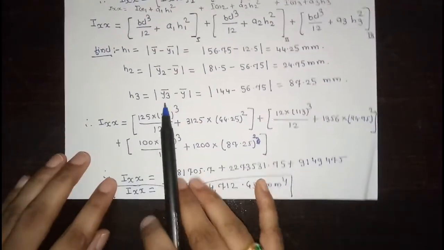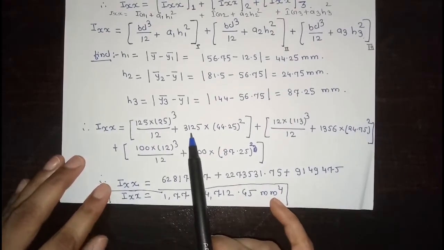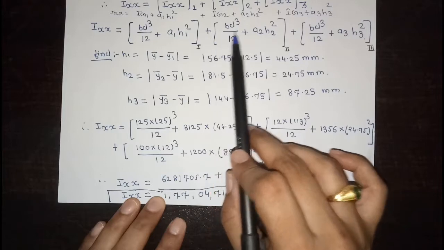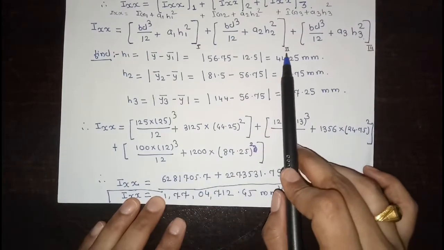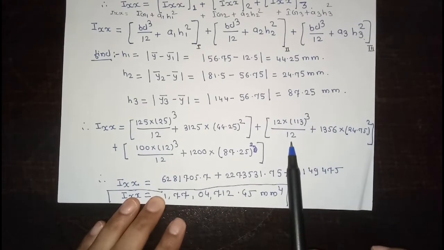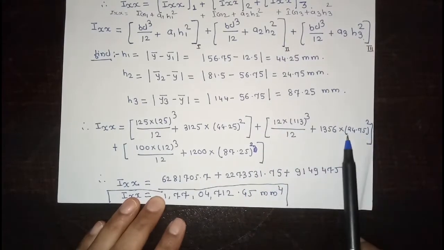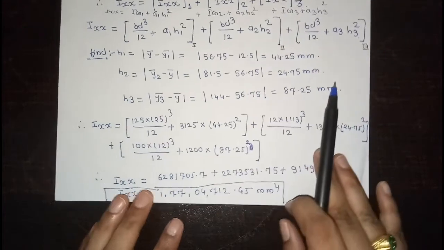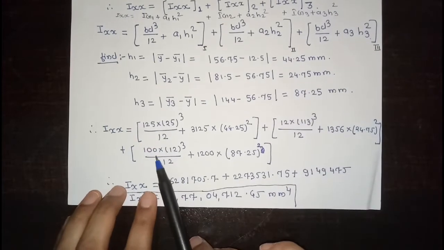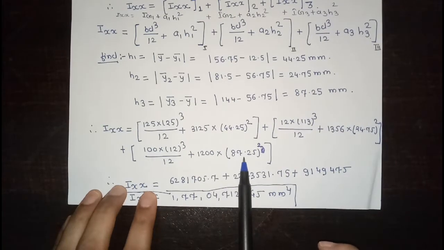So Ixx is equal to BD cube by 12 for the first section plus A1 H1 square, then plus the second section BD cube by 12, where B is equal to 12 and D is 113, divided by 12, plus A2 1356 into H2 square, 24.75 square, then plus the third section BD cube by 12, 100 into 12 cube by 12 plus 1200 into 87.25 square.